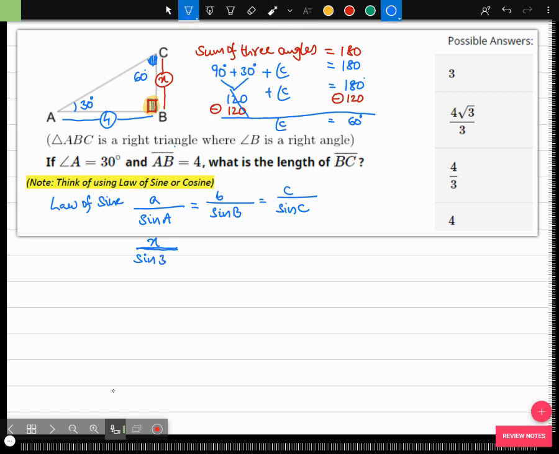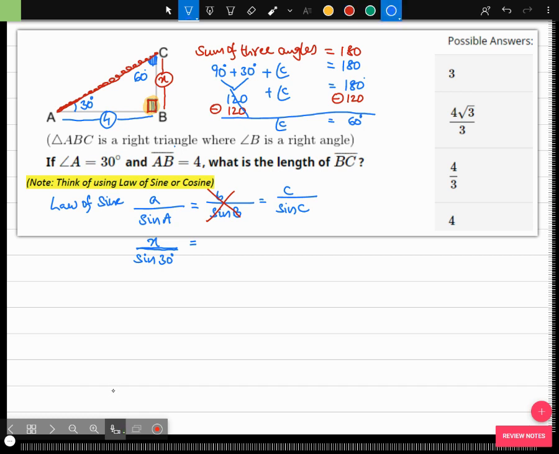Therefore, sine 30 degrees. I know the B value, but please notice that the length of B is not given and it is not required for us to compute. So I am dropping this fraction.